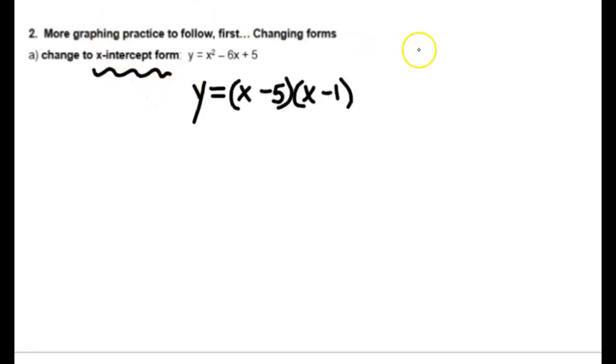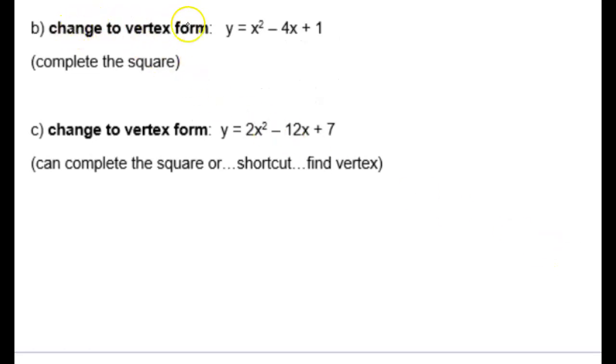All right, the next one though, part B to that question, says change this to vertex form. This one you could do by completing the square, or you can just find the vertex, guys. I'm just going to find the vertex. Remember the vertex finder recipe? X equals the opposite of B over 2A. What is the opposite of B here?